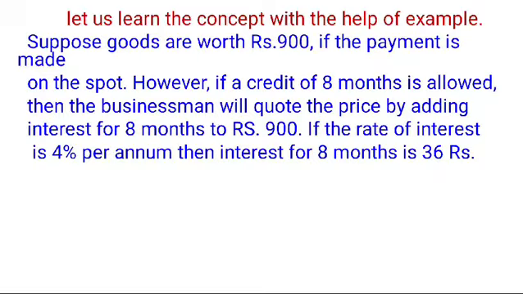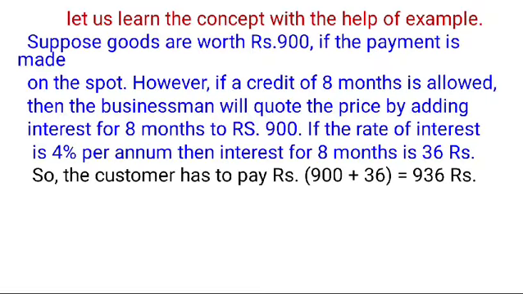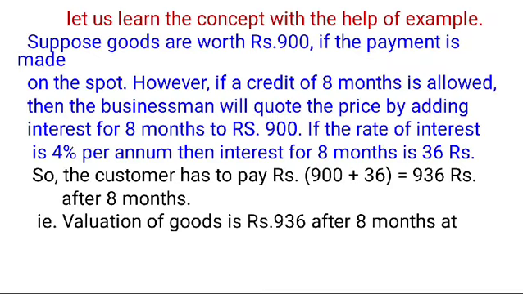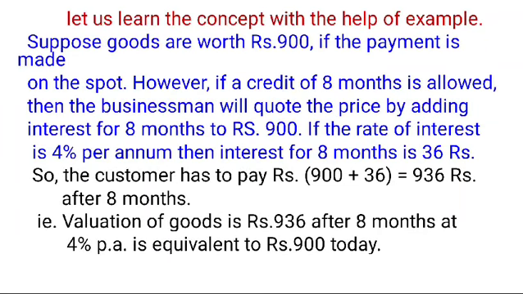Means how much do I have to pay to that person after 8 months? That original price 900 rupees plus this 36 rupees. Means after 8 months we have to pay 900 plus 36, that is 936 rupees to that person. So the valuation of that good is 936 after 8 months at the rate of 4% per annum, which is equivalent to 900 rupees today.